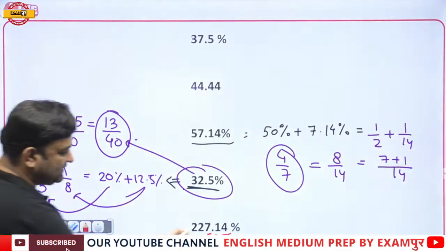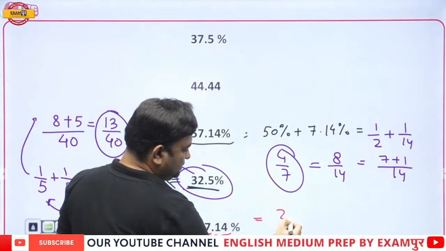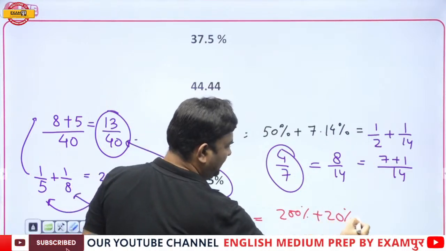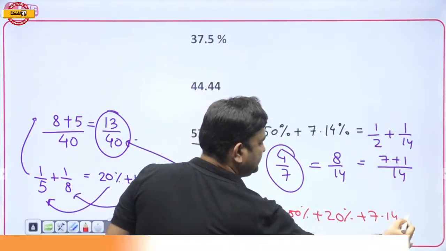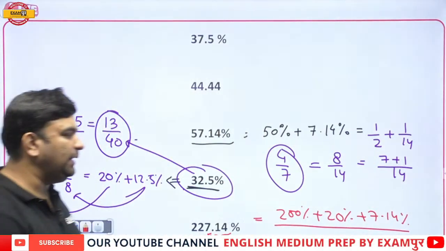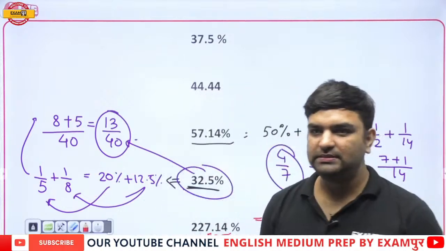Yeah, you will say, sir, 7.14. So 200% plus 20% plus 7.14%.